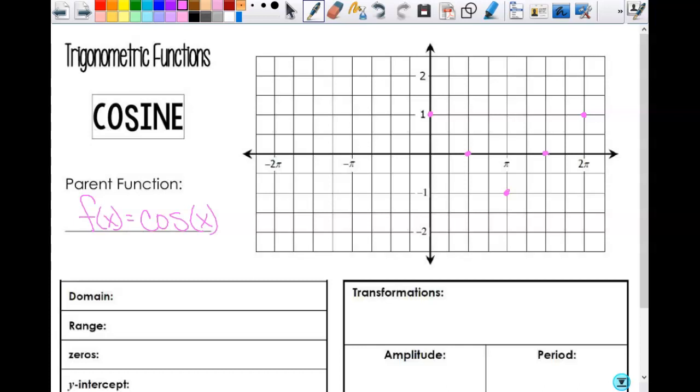And then I do the same thing on the other side. At -2 pi, I'm up here at 1. Negative pi is -1. And then get your zeros in there. That's why understanding those quadrantals is so important. And then you get the shape graphed in.